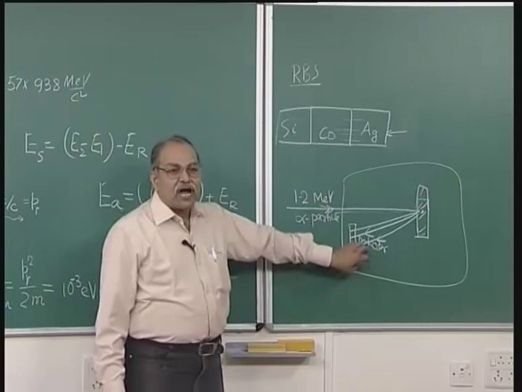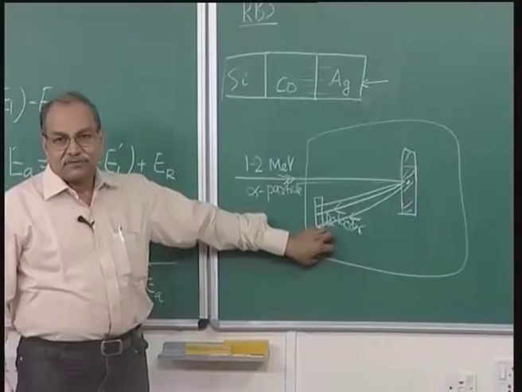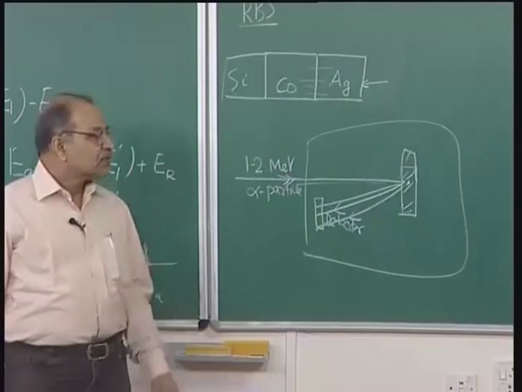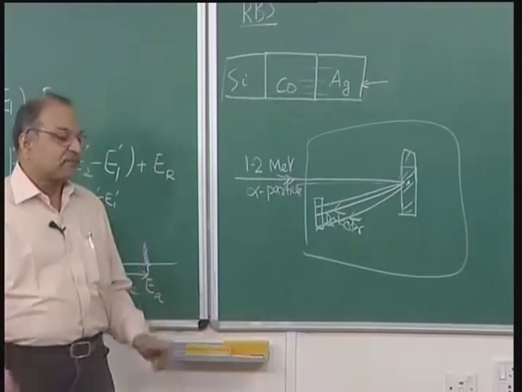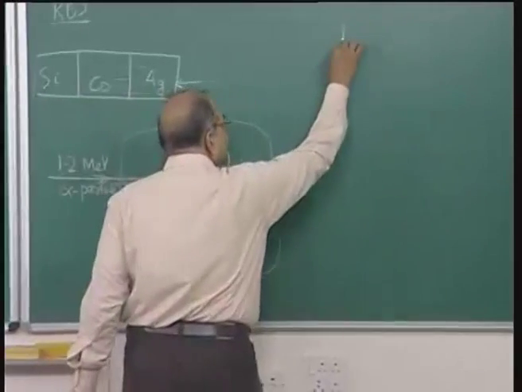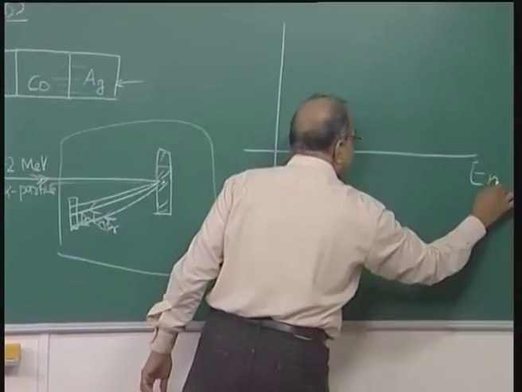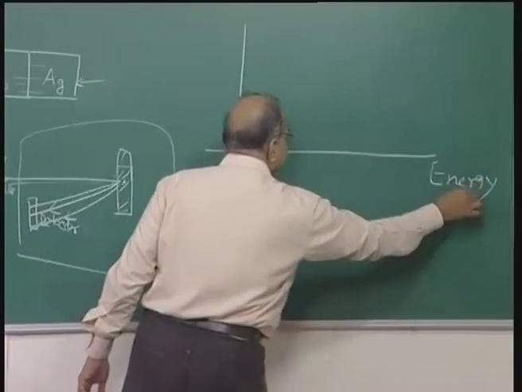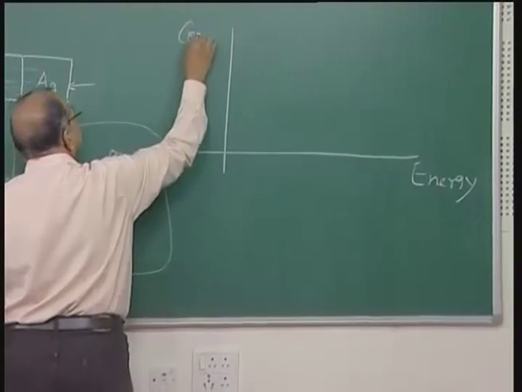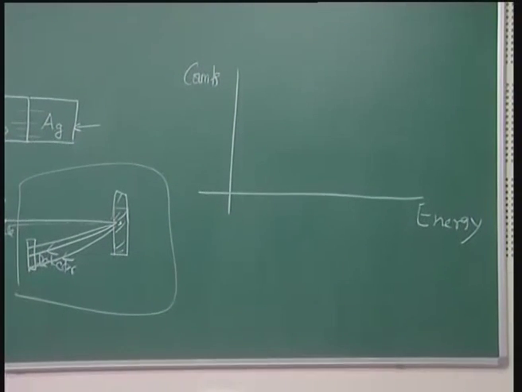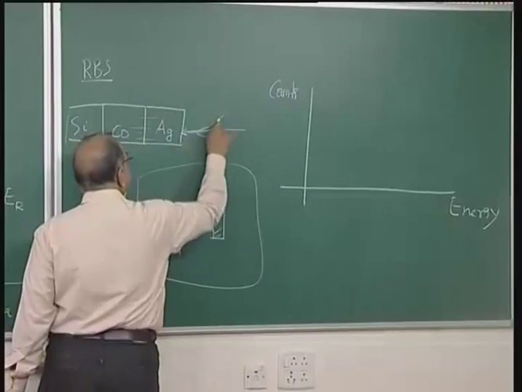So, how will this count look as a function of energy? That is the RBS spectrum. If I analyze these alpha particles coming into the detector in energy, and plot counts here, that is known as the RBS spectrum. What happens when you have a sample and an alpha particle is coming?